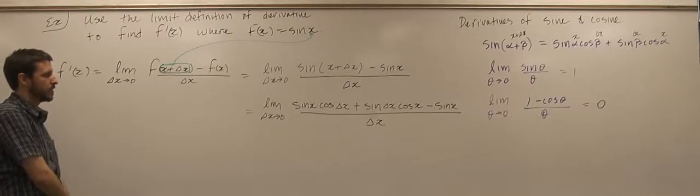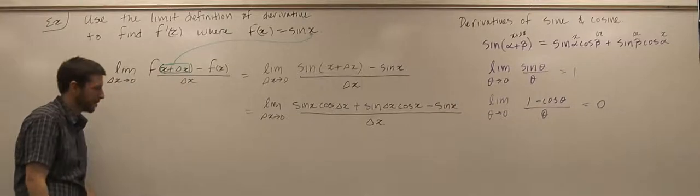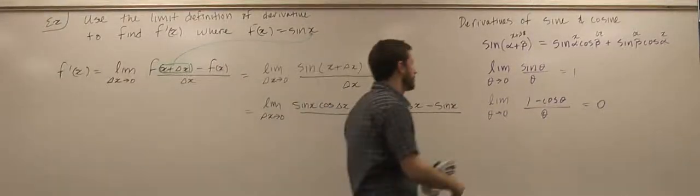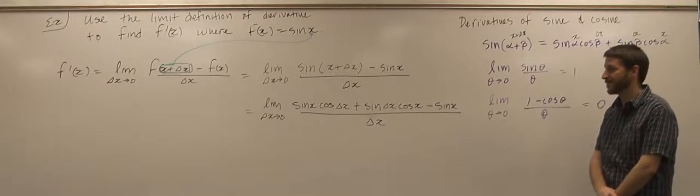Okay? So what do you think? That one, it's going to equal 1. The cosine of delta x would cancel out and be 1.